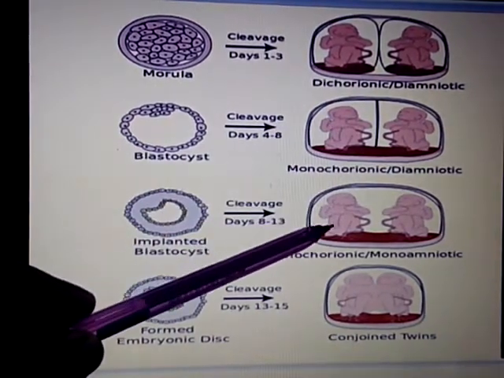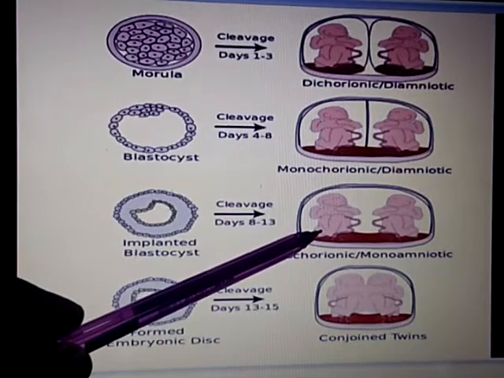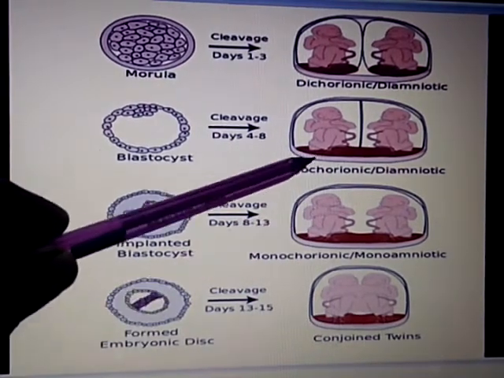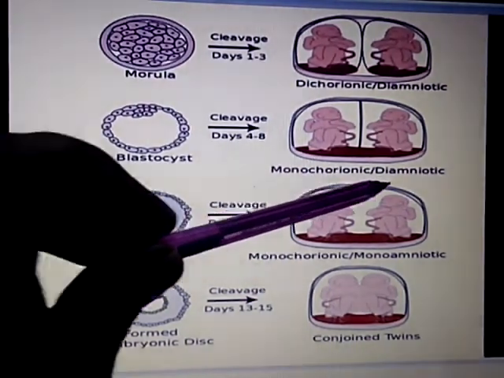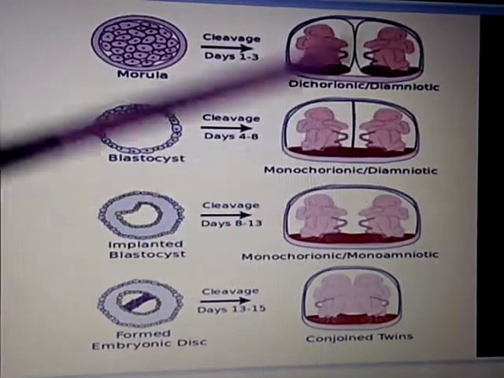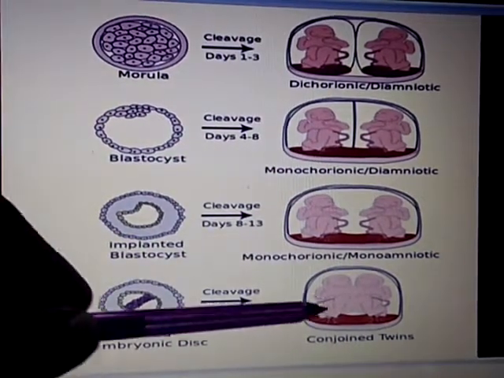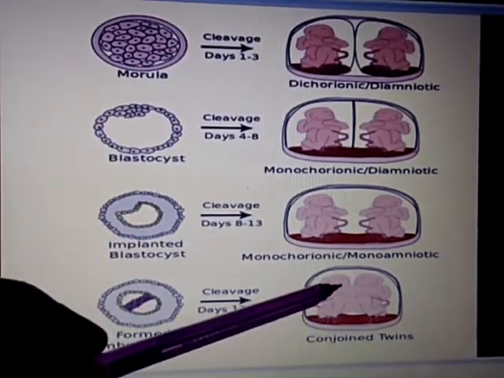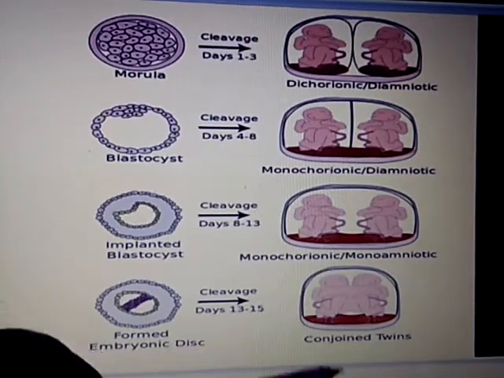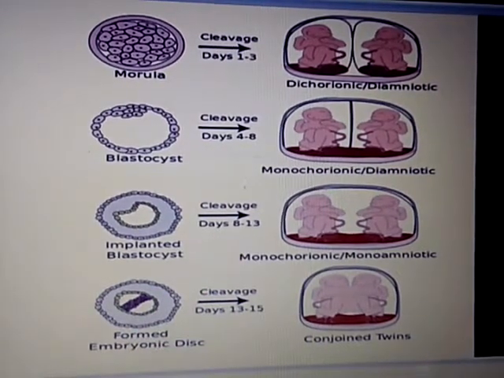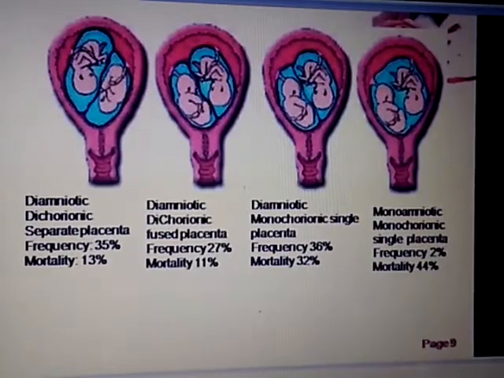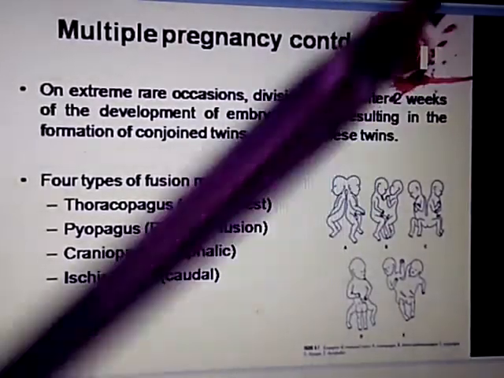Then monochorionic monoamniotic, where they share chorion and amnion. The last one is conjoined, which is a rare one. So these are some of the varieties.